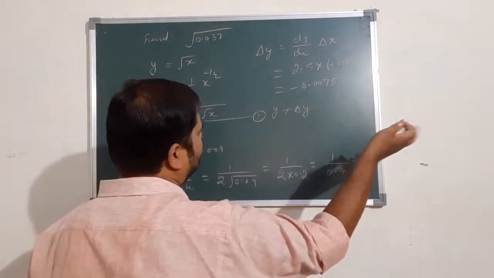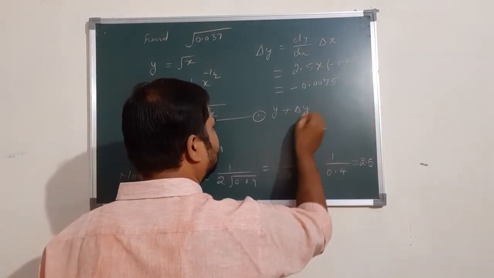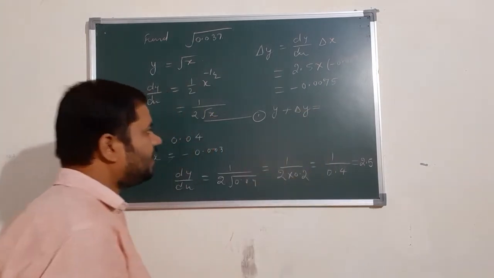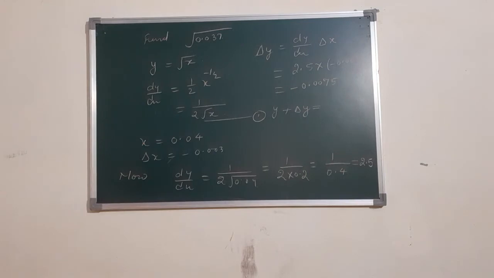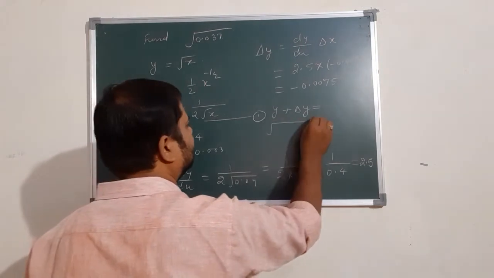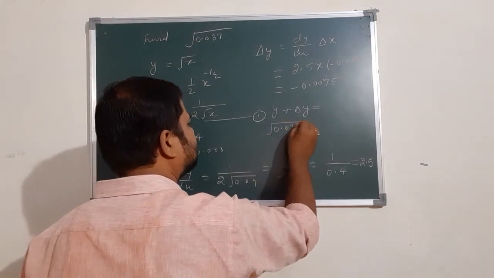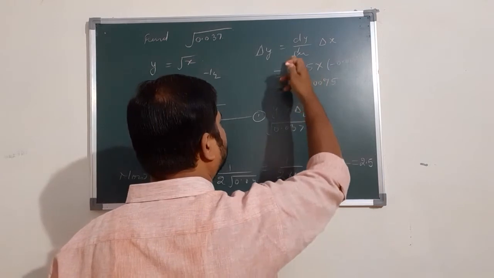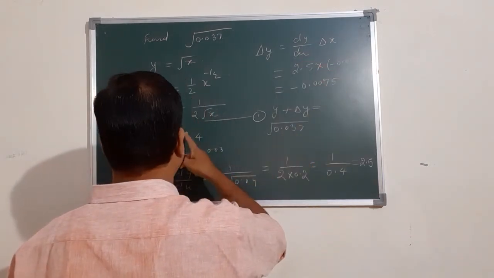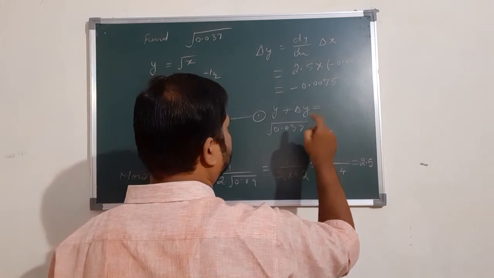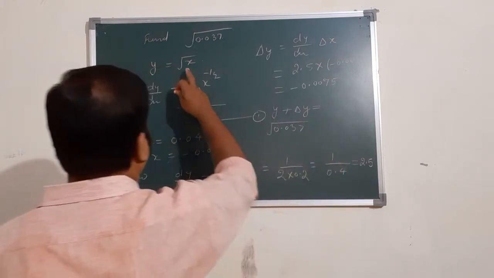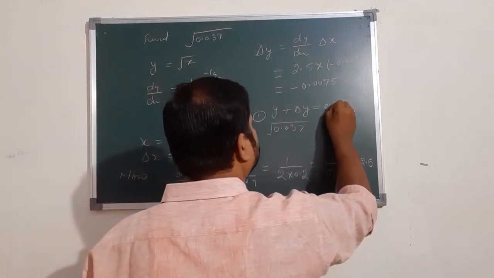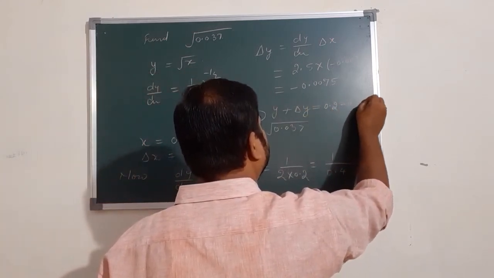This is nothing but the root of 0.037, and y is 0.2, so y plus delta y is 0.2 minus 0.0075.